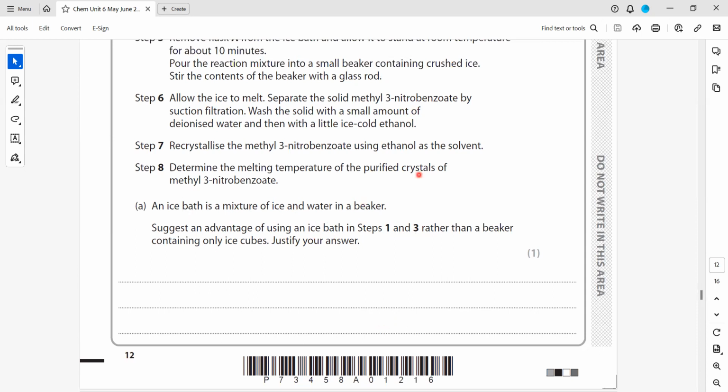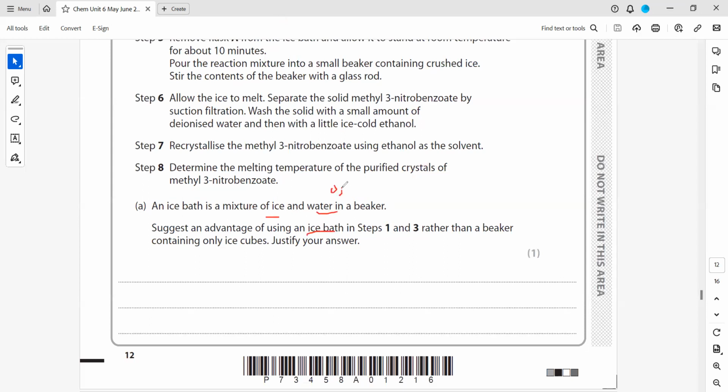Look, when it has ice and water, it will have a constant temperature of 0. Another thing: if a beaker contains ice cubes, then the area of contact with the beaker or container will be smaller, because an ice bath contains crushed ice as well.